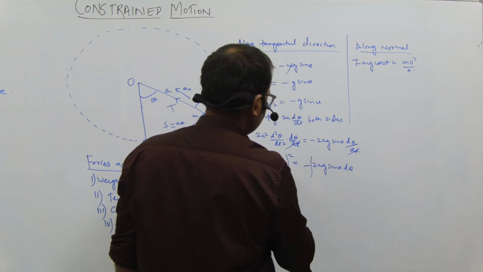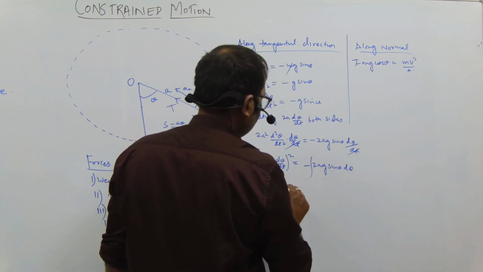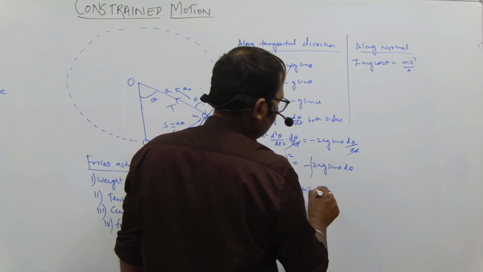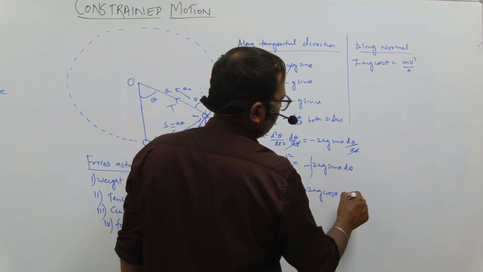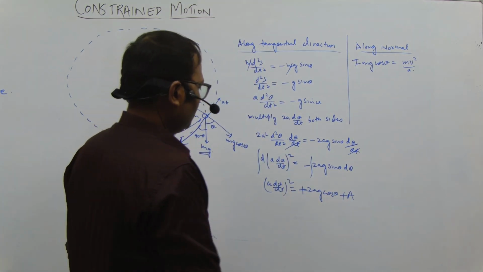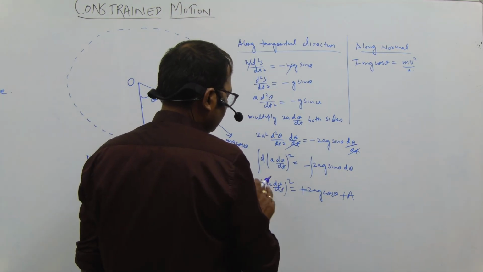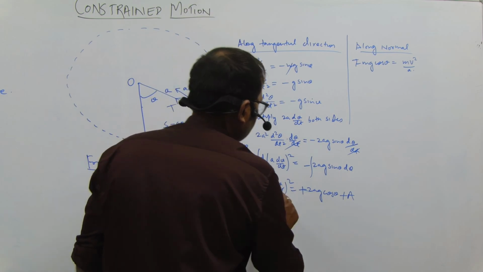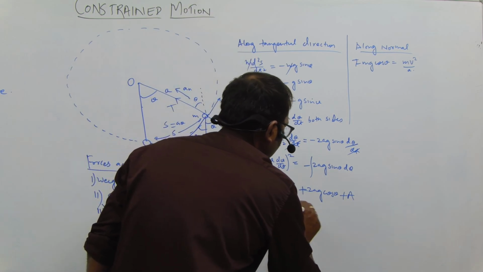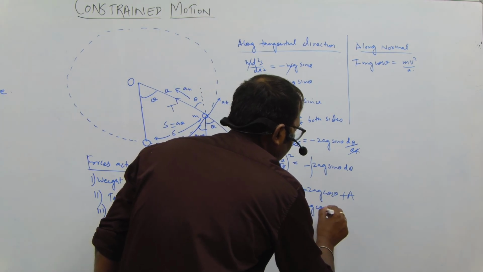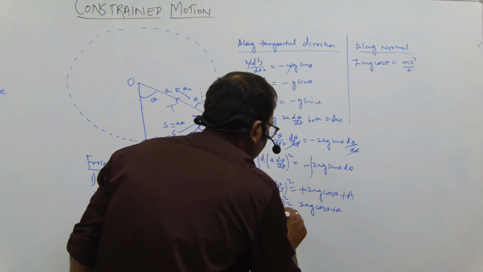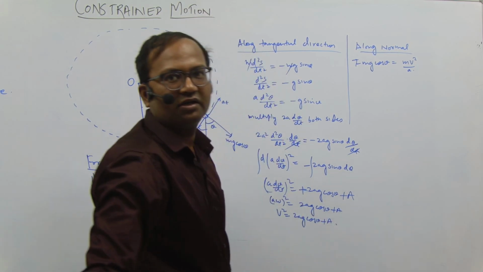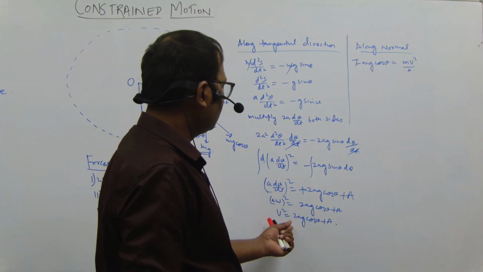Let us integrate this. So we have (a d theta upon dt) whole square is equal to plus 2ag cos theta plus a constant of integration. Here d theta by dt is omega, so (a omega) whole square is equal to 2ag cos theta plus a constant, so v square is equal to 2ag cos theta plus a constant. Now let us put the condition here.